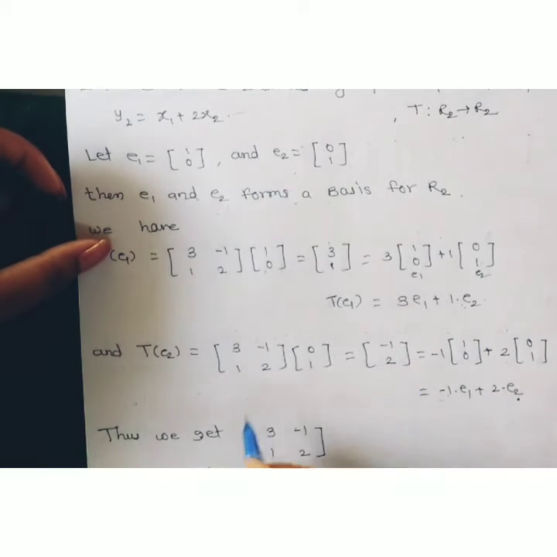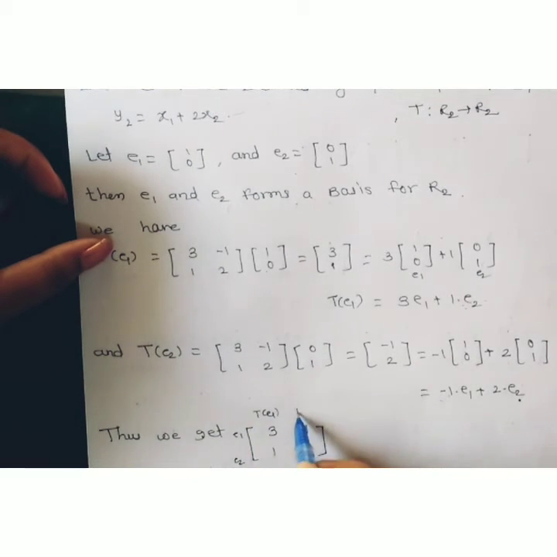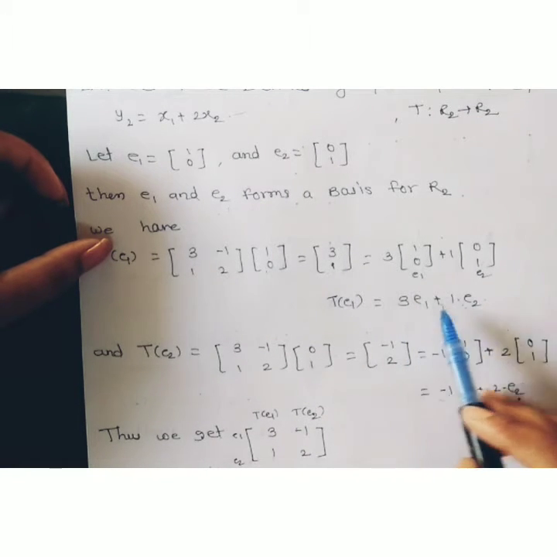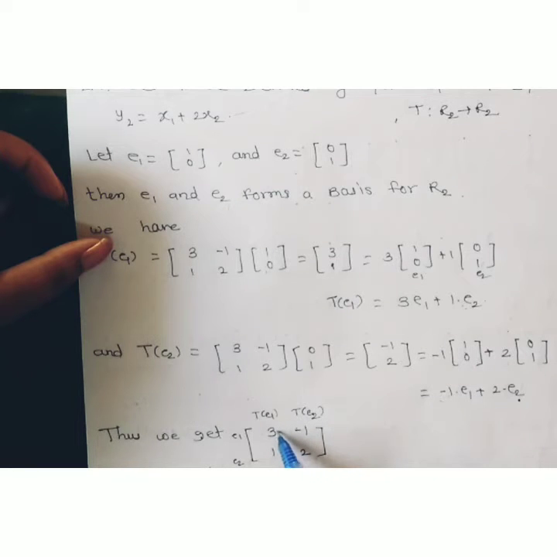So here is e1, e2, and here is T of e1 and T of e2. The coefficients are 3 and 1, so we put them as the first column. In the second case the coefficients are minus 1 and 2, so we put them as the second column: minus 1 and 2.